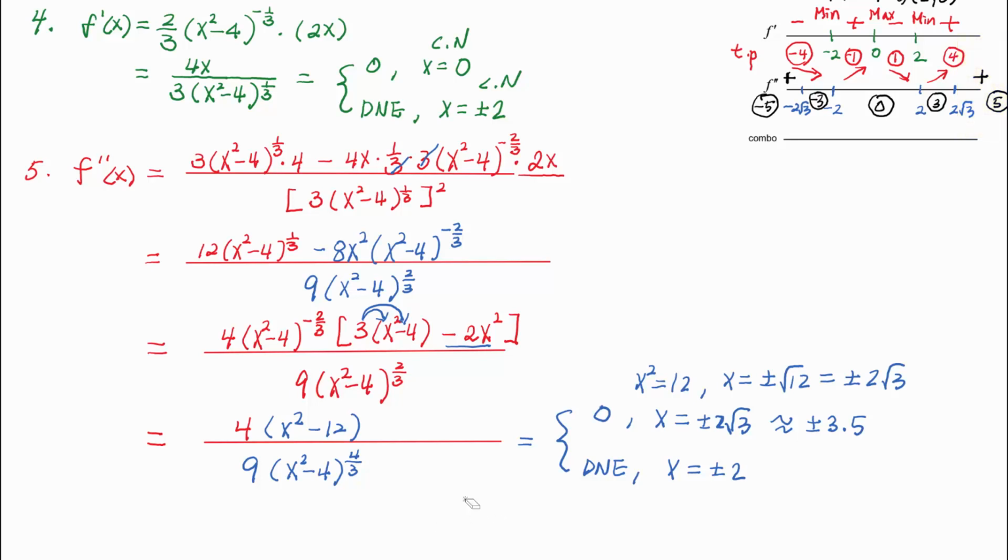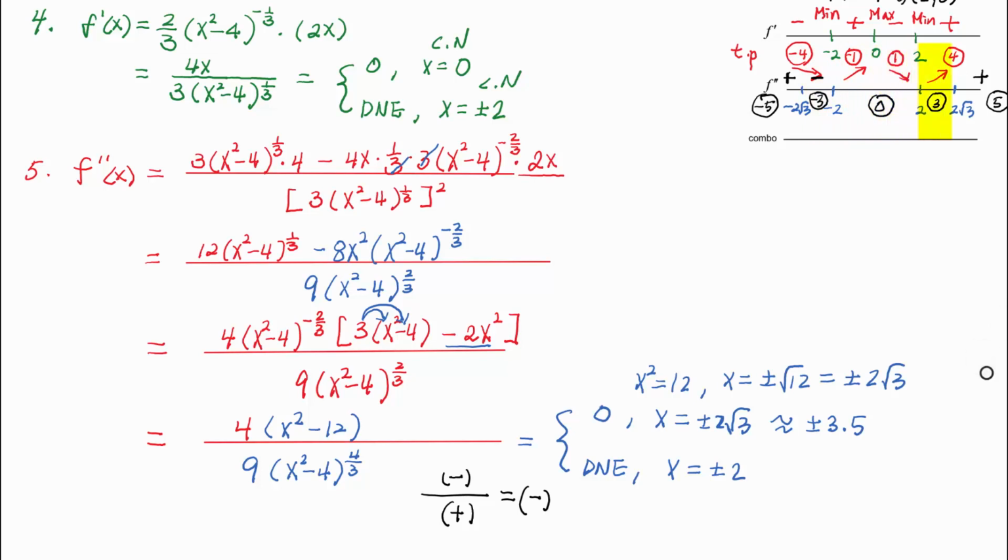Now let's test -3. -3 squared is 9. 9 minus 12 is negative. 9 minus 4 is positive, and the cube root of a positive number is positive. And this whole quotient is then negative. So this interval is negative, and again, whether you square -3 or +3, they're going to give you the same sign.